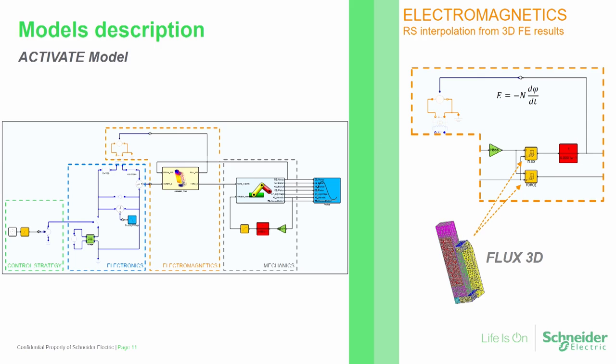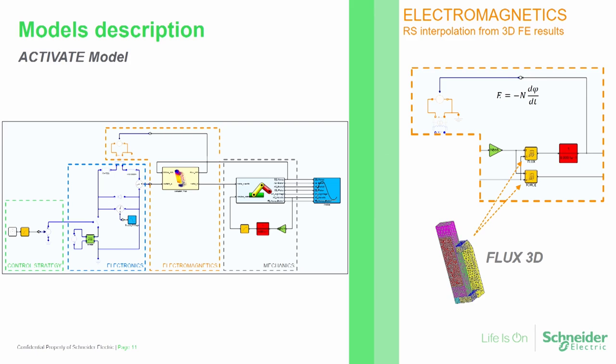Now the electromagnetics. As I said, we use Flux3D, so we have our separate finite element model, that we validated before, of course. And what we do is we run a full factorial design of experiments in order to obtain response surfaces for flux and force with respect to the current in the coil and to the displacement.